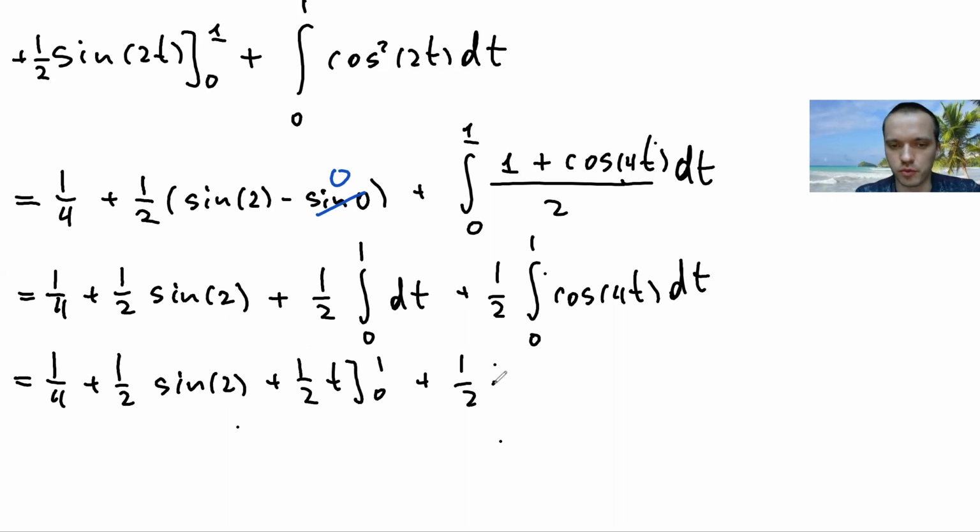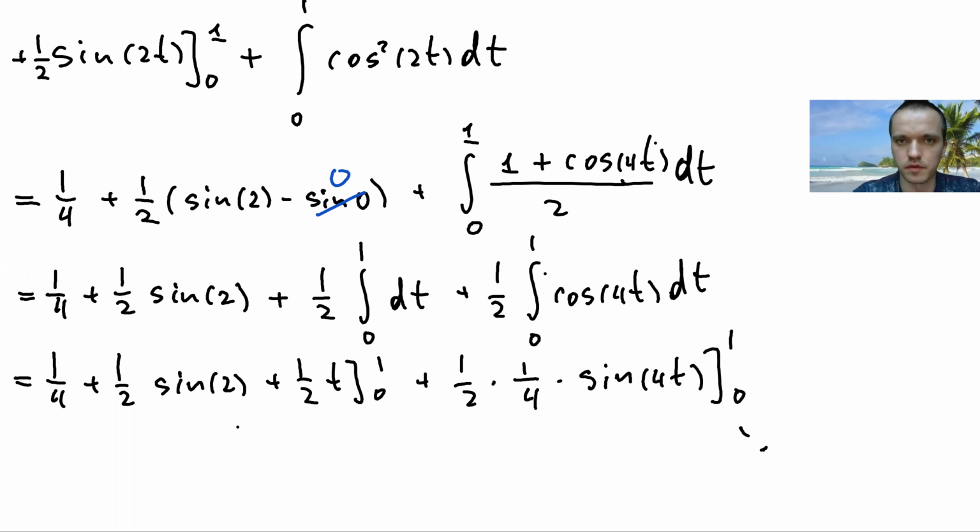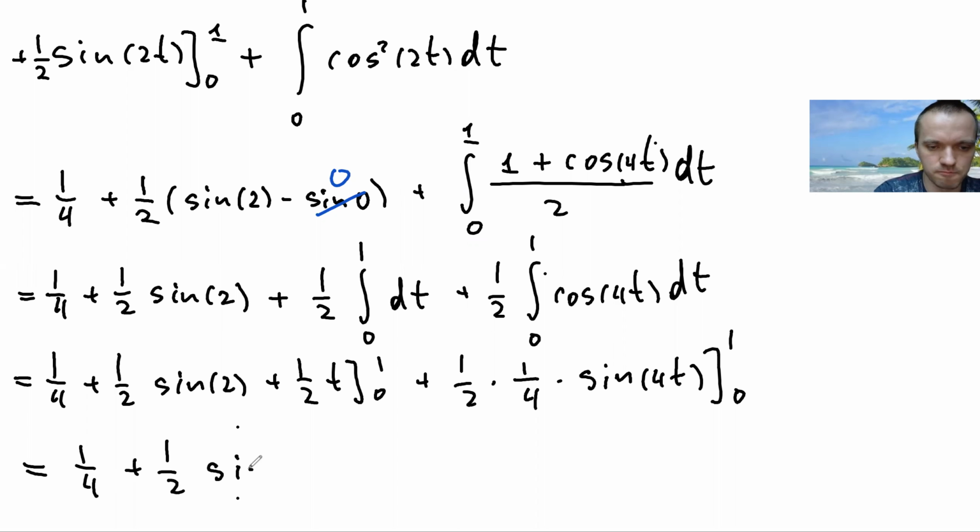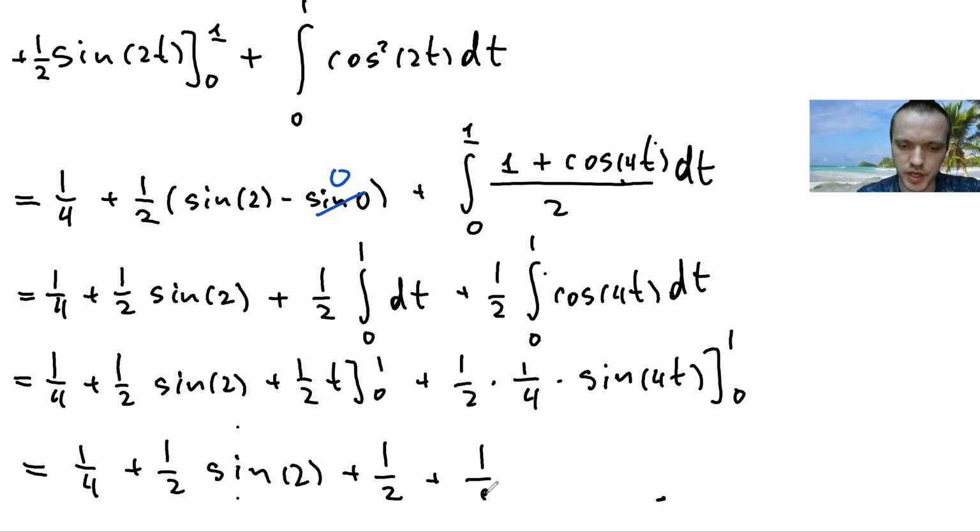And here again I need to multiply by the constant factor reciprocal, so it's 1 over 4 times sine 4t, which goes from 0 to 1. And finally, my final answer is 1 over 4 plus 1 over 2 sine of 2 plus 1/2 plus 1 over 8 times sine of 4.